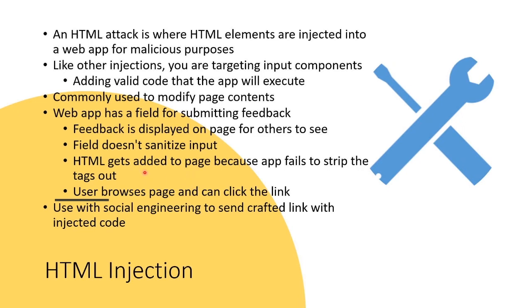That HTML gets added to the page because the app failed to strip out any tags or any special characters. Some poor user browses the page, clicks a link, and it's all over for them. So you combine this with social engineering, and they click something that you posted, like you're doing a review on a product, and now they're in trouble.